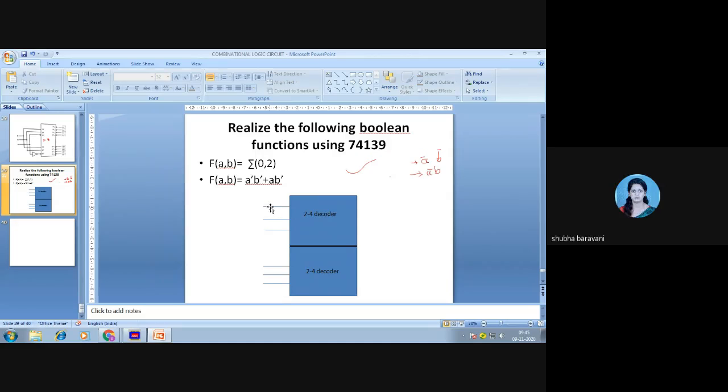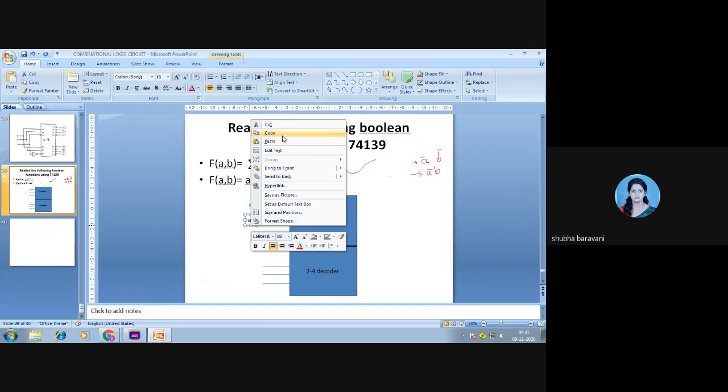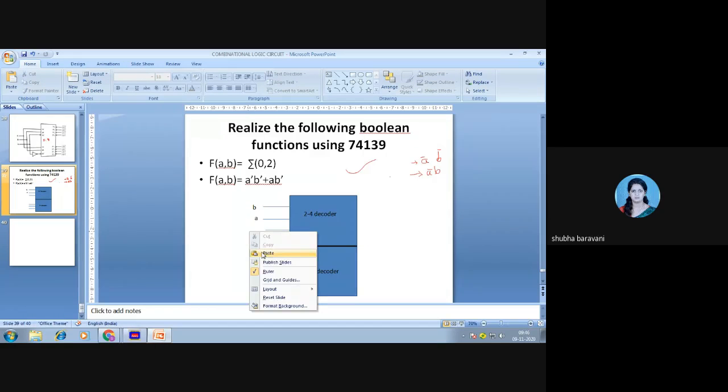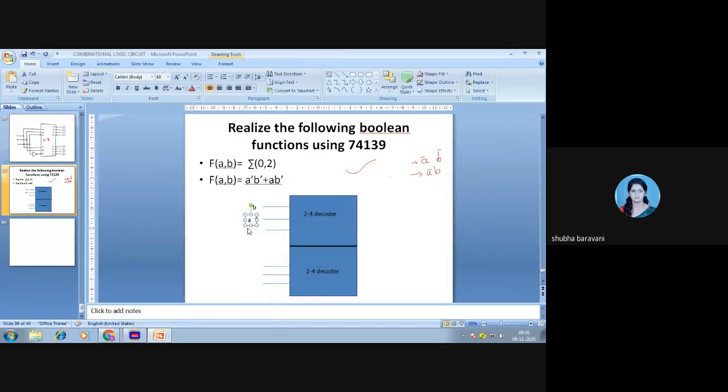Two inputs, right? So I have given two inputs. One input let me consider as A, and the other input is B. So I've given input to the first 2 to 4 line decoder, and let me say there is one enable line.